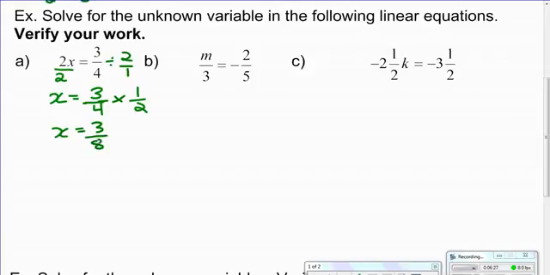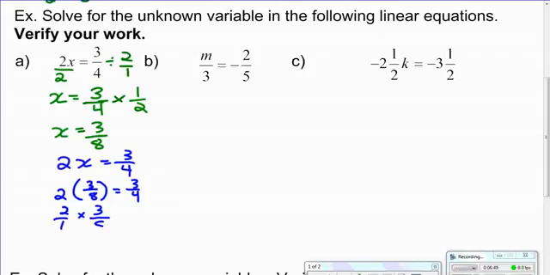Okay. The next part says to verify your work. So the way that we verify our work is we go back to our original equation, and we are going to substitute the answer. So instead of x, every time I see x, I'm going to replace it with 3/8. So then this is like 2/1 times 3/8.